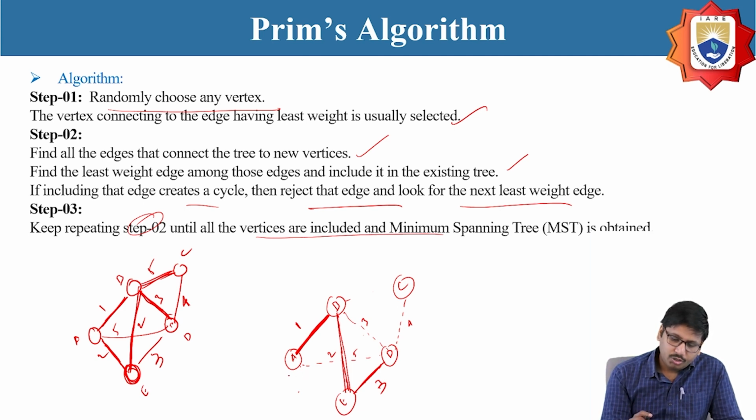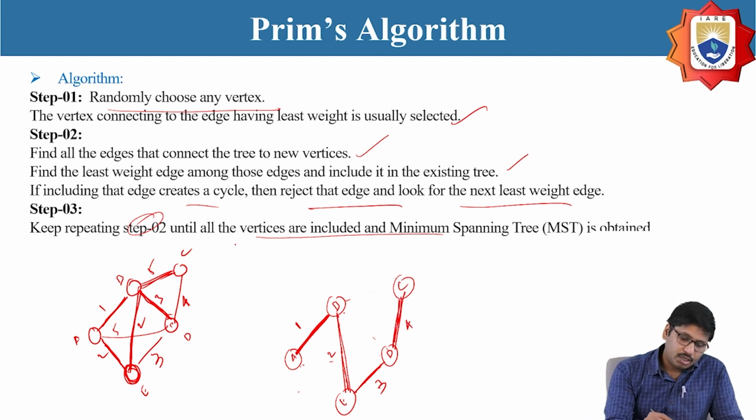If I select 2 here, it is going to form a cycle, so this edge may not be selected. If I select this, it is going to form a cycle, and this one also is not going to be selected. The next minimum is 4, so that's why I'm going to select 4.